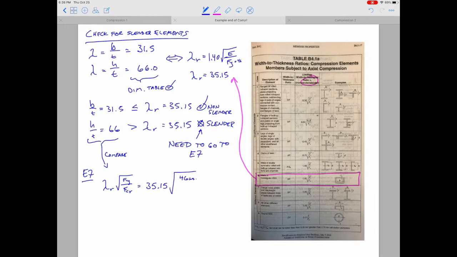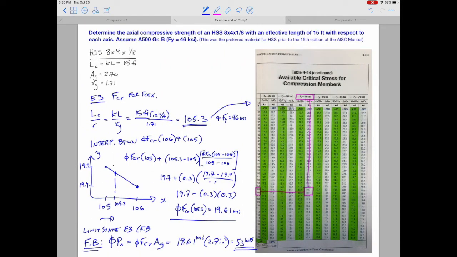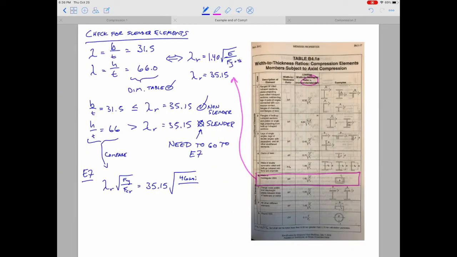And then I know what Fy is. It's 46 KSI. And I also know what F critical was from the previous calculation. Here's my F critical. Oh, but look, be careful. I have to get rid of that one, right? So I have 19.61, so I'm going to go over here and I'm going to say, so for here, I have phi F critical is 19.61.